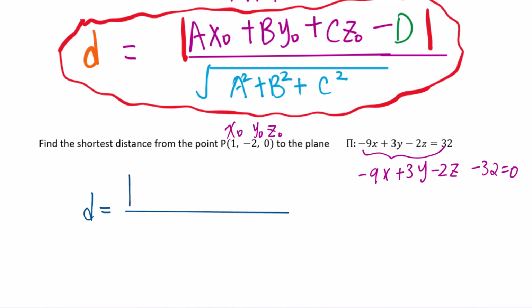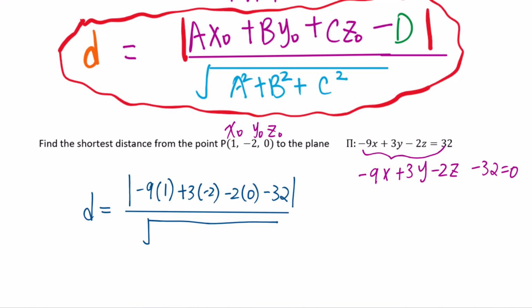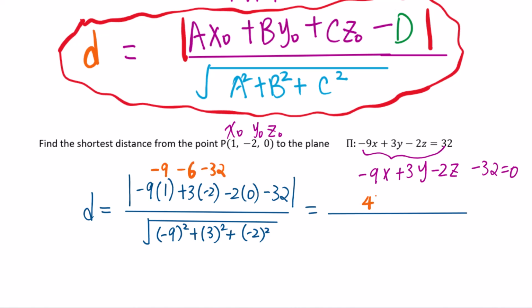the absolute value of negative 9 times 1 plus 3 times negative 2 minus 2 times 0 minus 32, all over the square root of negative 9 squared plus 3 squared plus negative 2 squared. The numerator we got is positive 47.